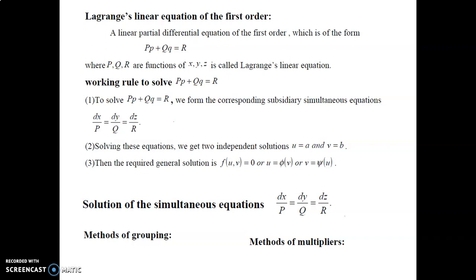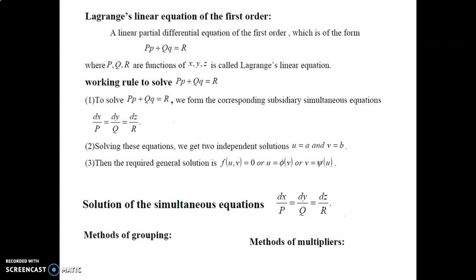If we solve any two among these three, we get two independent solutions u equal to a and v equal to b, and then we write f of u comma v equal to 0, which is the solution for the Lagrange linear equation.